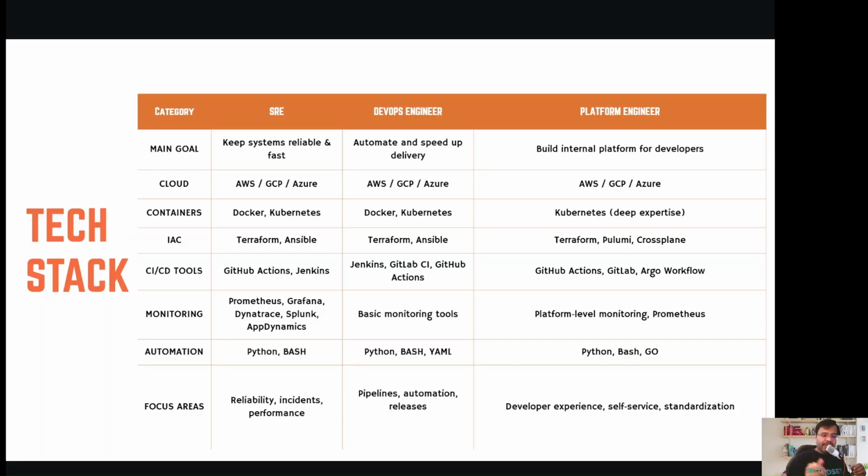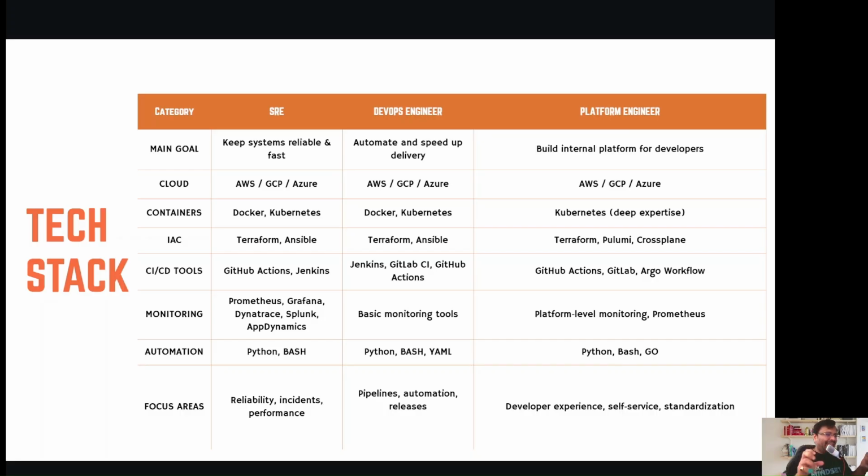The platform engineer focuses on the developer experience, how efficiently I can build a self-service tool so that my developer team can put their code into production, and then finally the standardization of the processes, right?